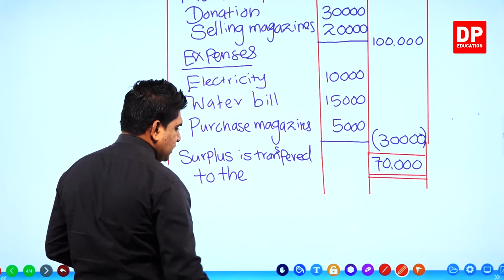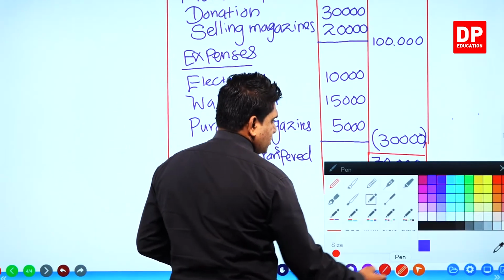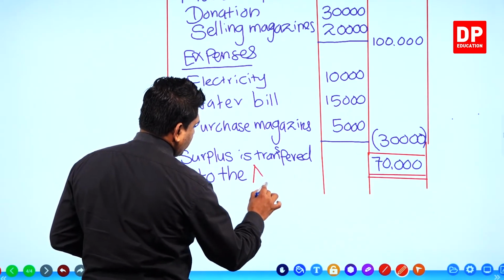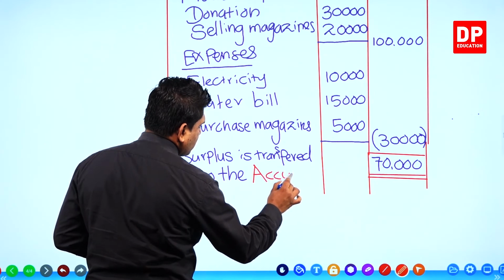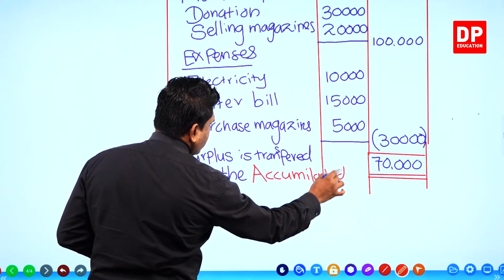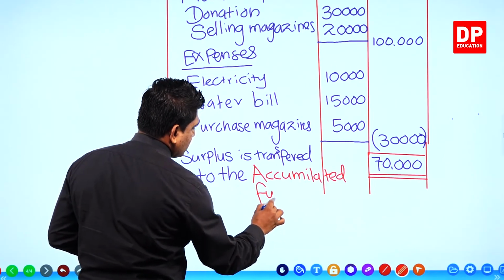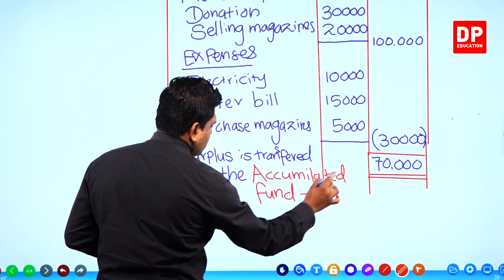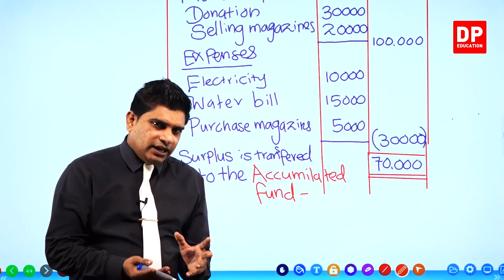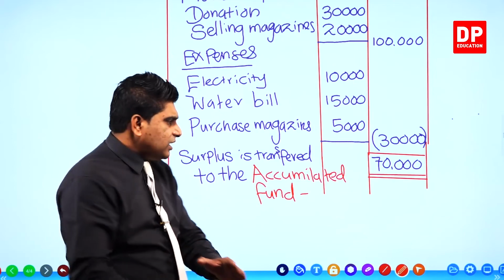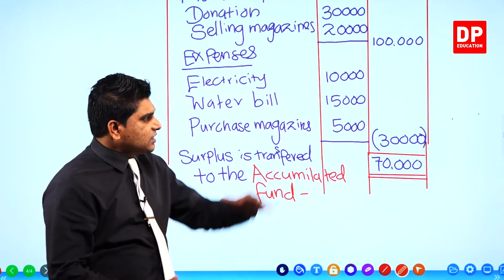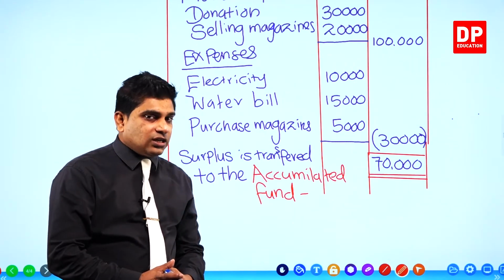I use another color here because I want to highlight these words, accumulated fund. If you got a deficit, the deficit is transferred to the accumulated fund. This is the way to do the income statement question.